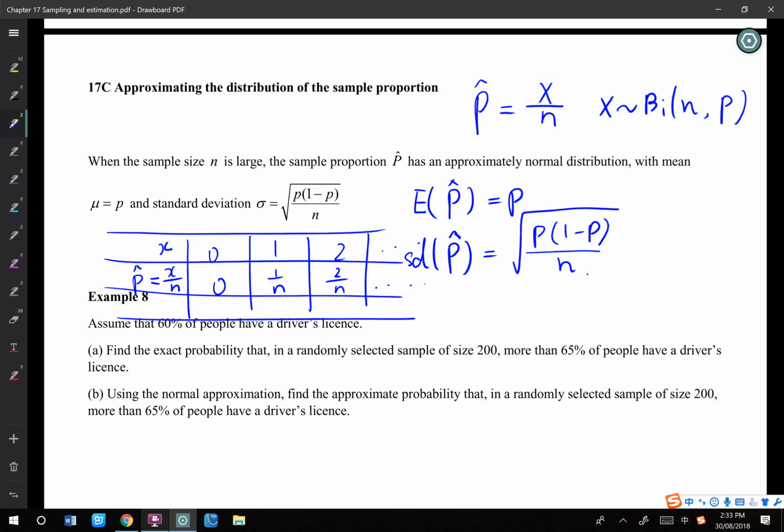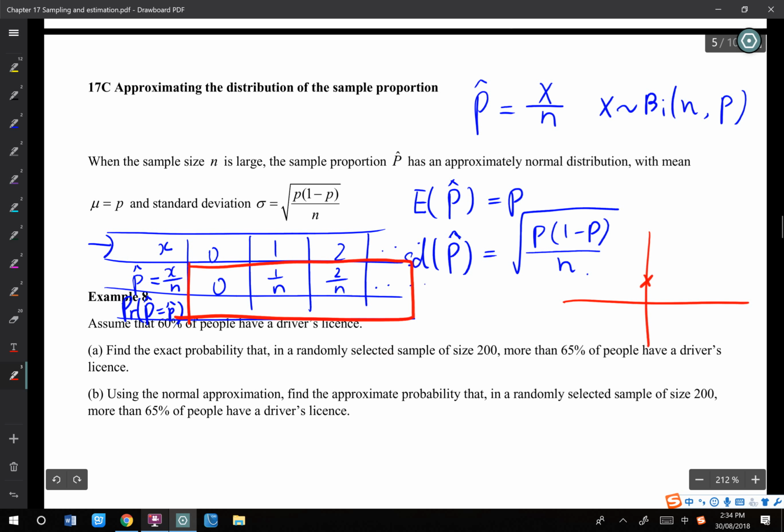I use the binomial PDF, using the first row's success number to calculate them. And then I can plot these 2 rows: when p hat equals 0, the probability equals that. When p hat equals 1 over n, the probability is there.